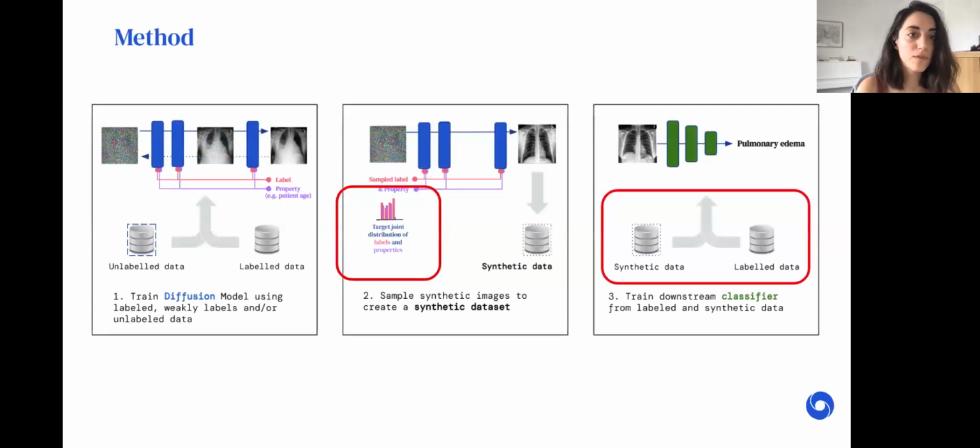So two challenges that we have when using this method are, first of all, how to sample labels. To do this, we sample uniformly from the sensitive attribute distribution and preserve the original diagnostic label distribution in order to preserve the original disease prevalence.